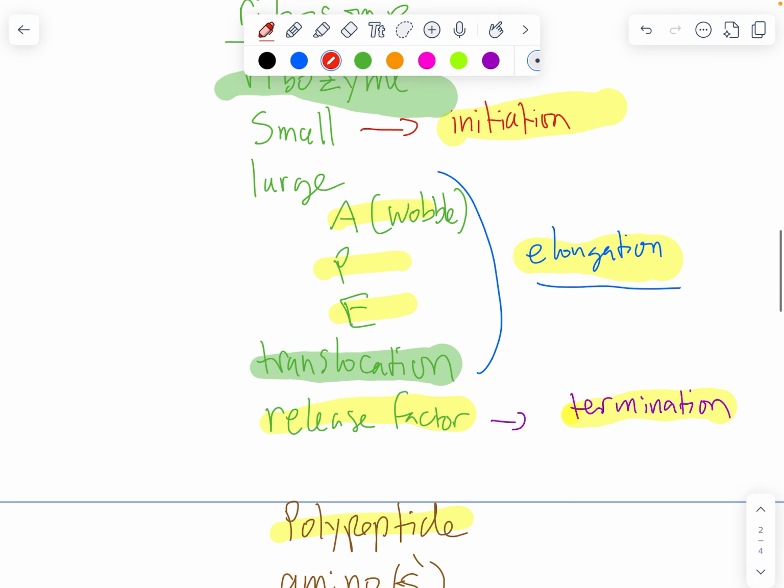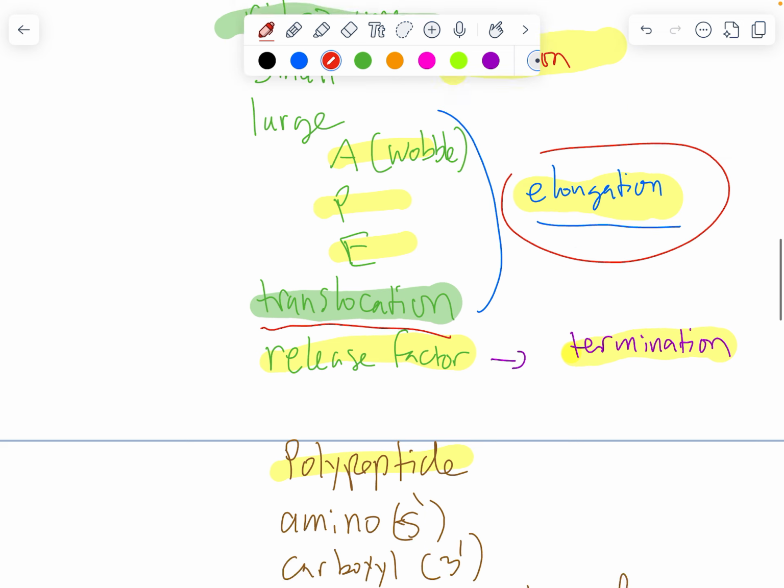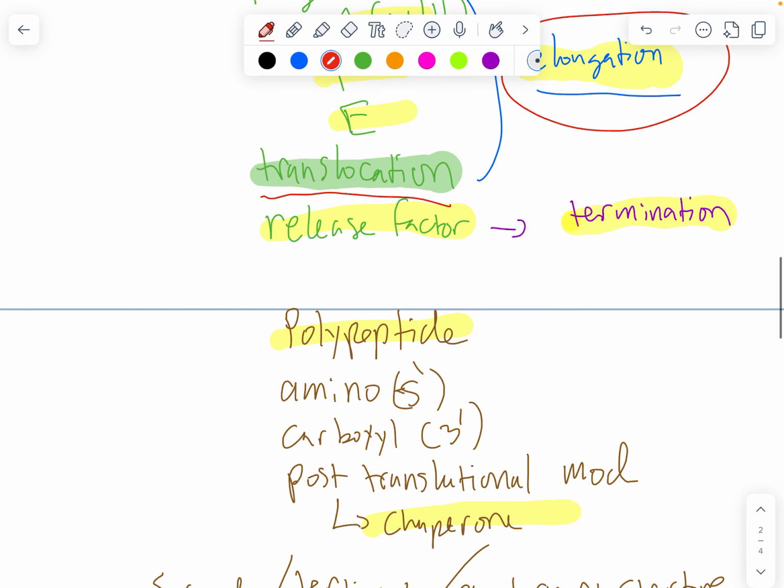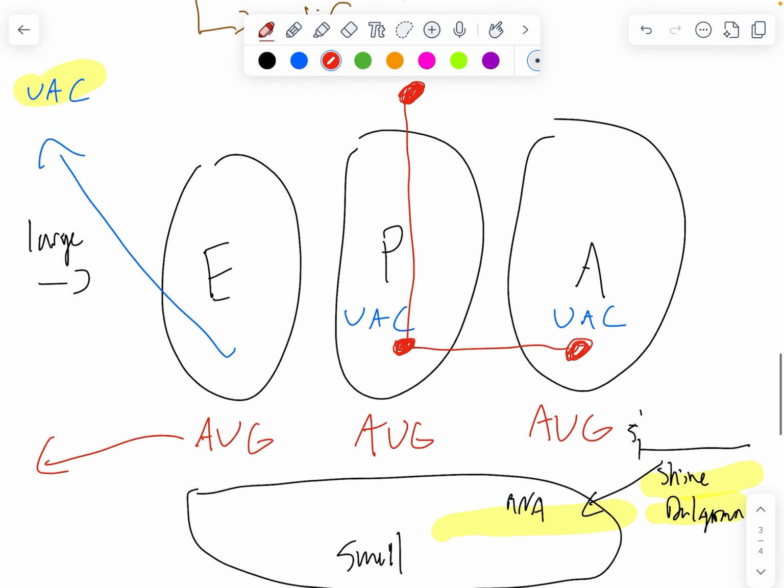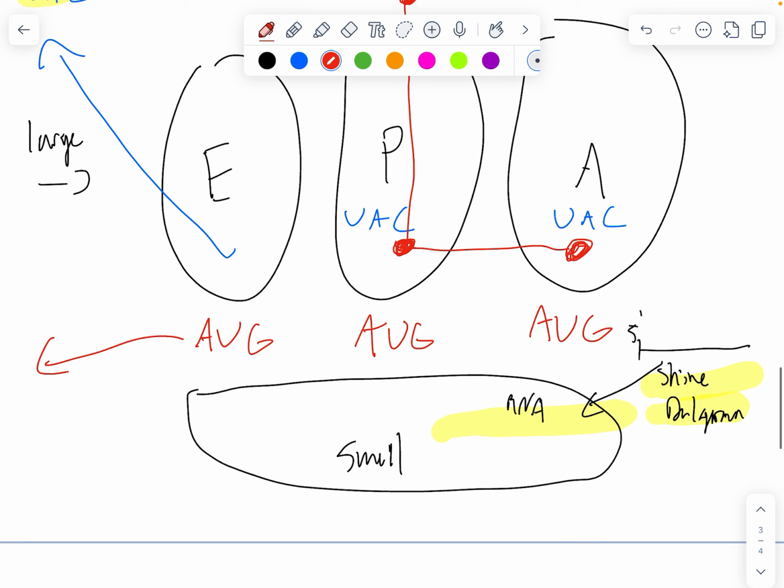Right, so that describes translocation and the process of going from the A to the P to the E, which gives us elongation, our growing chain of amino acids, or our growing polypeptide. And that process continues until we get to a nonsense codon.